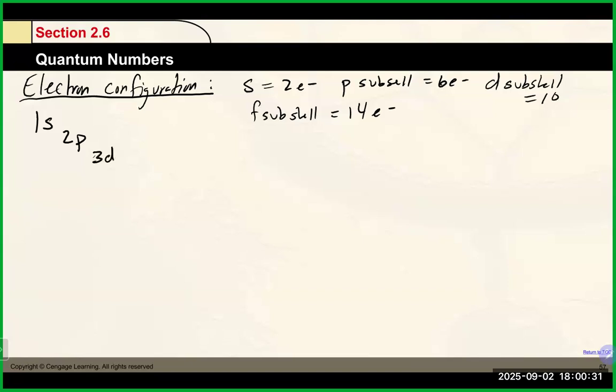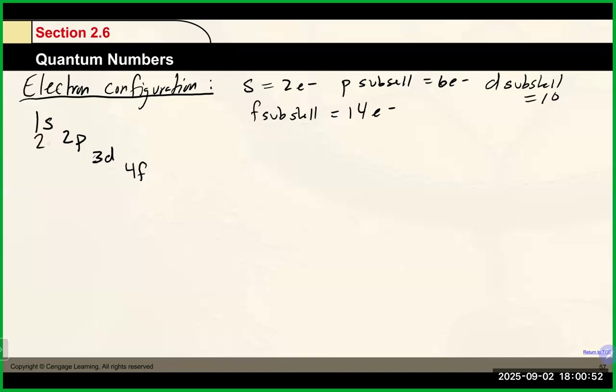Throw a 3d down diagonally there. And on the fourth energy level, that is where we see the f's start. So if you can just remember 1, 2, 3, 4, and the letters that go with it, you'll be able to make this chart, which is quite helpful. All you have to do at this point is put the same letter underneath and go 1 through 7 on most of them.